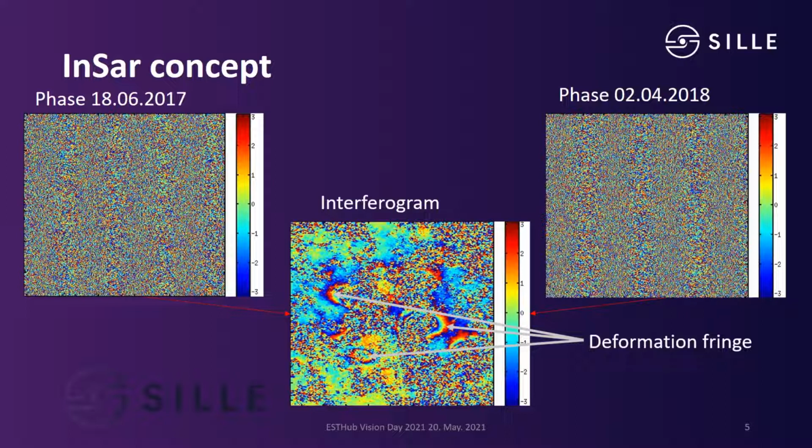And if you want to calculate deformation, then we have to take one point of the interferogram as non-moving, and we have to count fringes between the reference point and the object that we want to see. Then we convert the fringe count to a measurement in meters.